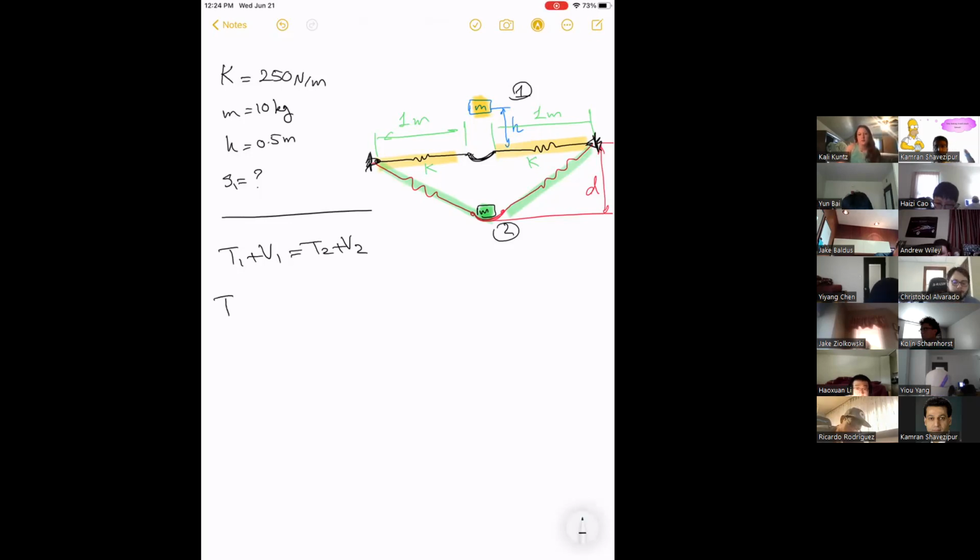T1, if you release the box, the moment you release it, it has no velocity. So T1 will be 0. How about T2? The problem says to find the maximum value of D. So I don't know if you can see my hands. If this is the spring, the box hits the spring, they go all the way down until it temporarily stops and maybe it bounces back.